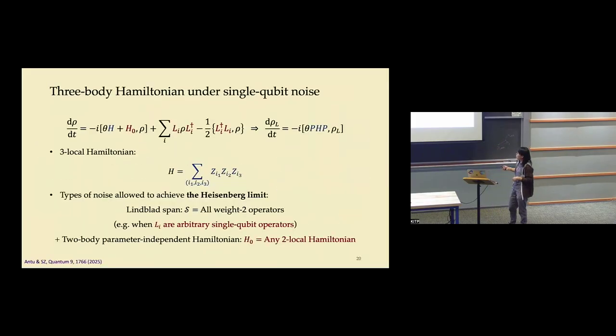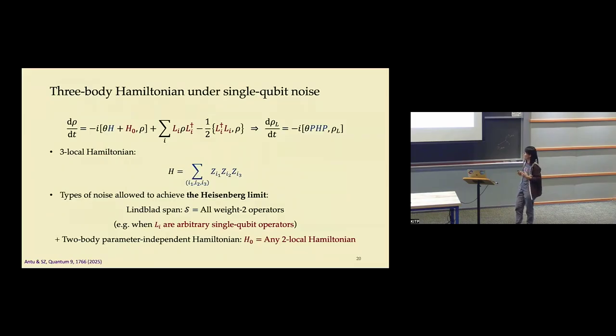Okay, so in this final case, I'm going to consider a concrete example, which is the situation where you have a Hamiltonian that is a weight-3 interaction of Pauli Z operators. And I'm going to consider a Lindbladian given by basically any single-qubit operator, which means in that case, the Lindblad span is going to be the span of any weight-2 operator.